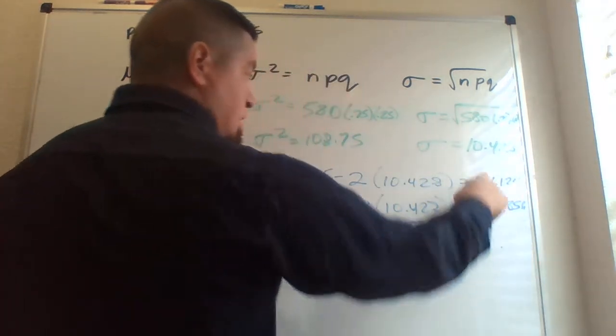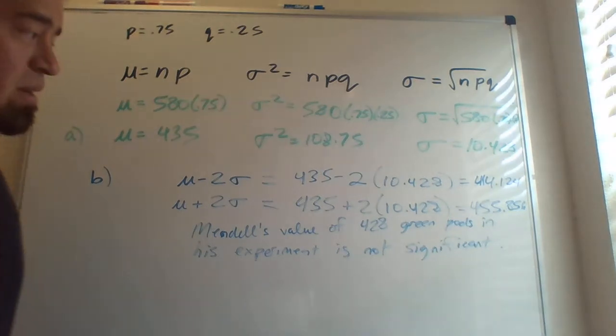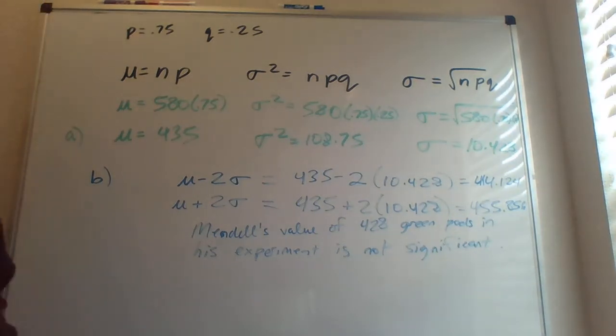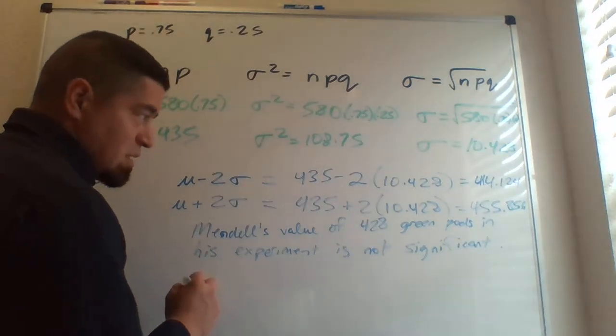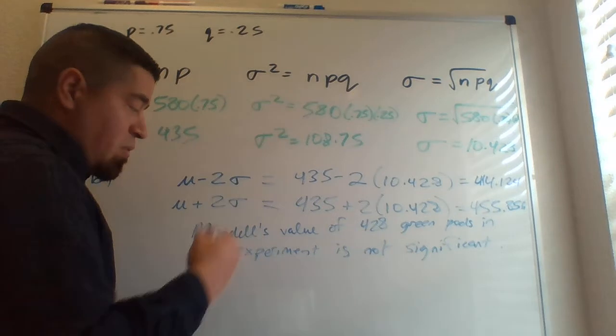Since it falls within these two values, there's one more follow-up question: does this suggest Mendel's value of 75% is wrong? No, it doesn't suggest that it's wrong. It actually supports it.